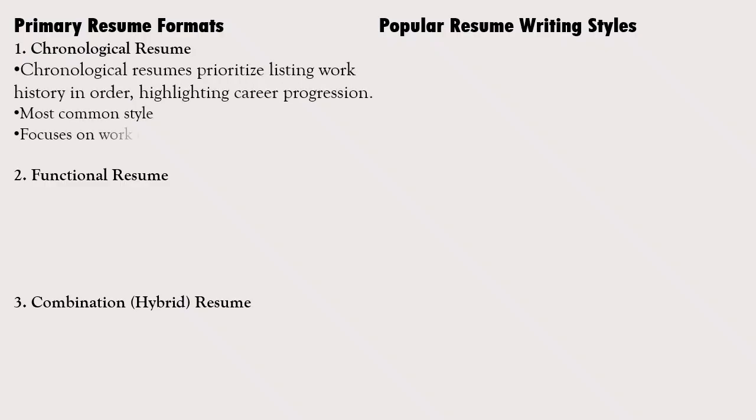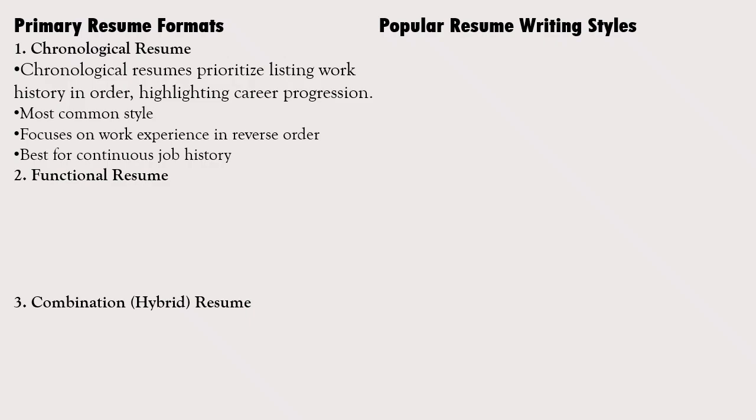Now, first we'll see about the chronological resume. Here we are arranging the various aspects of our career in a chronological order or in a reverse chronological order. For example, if you consider chronological, you can write from the year of graduation to present.